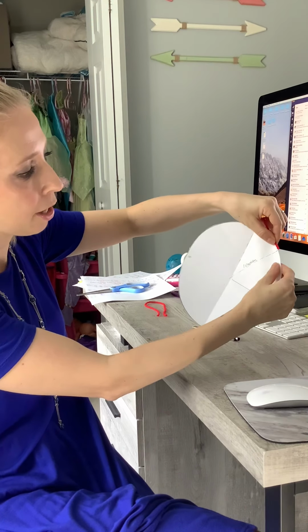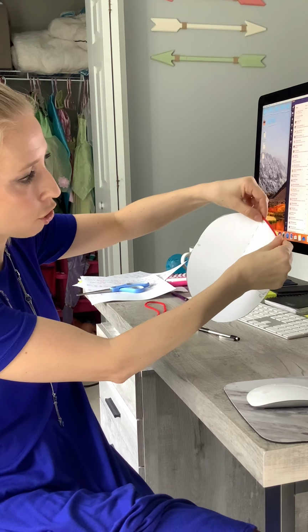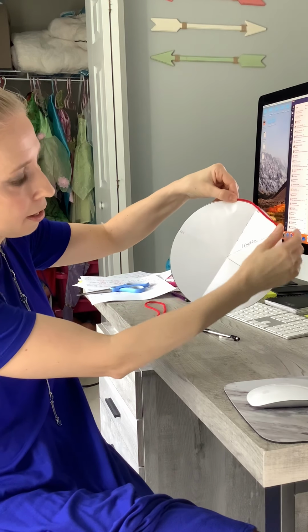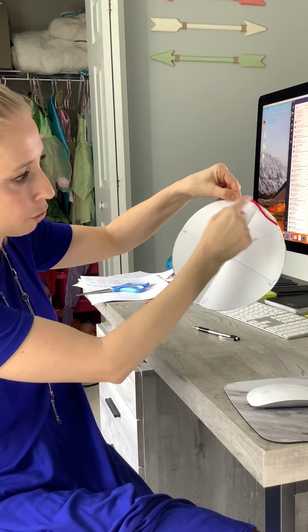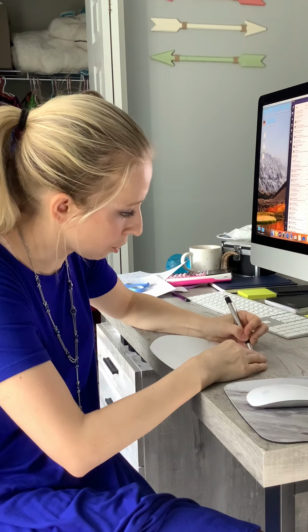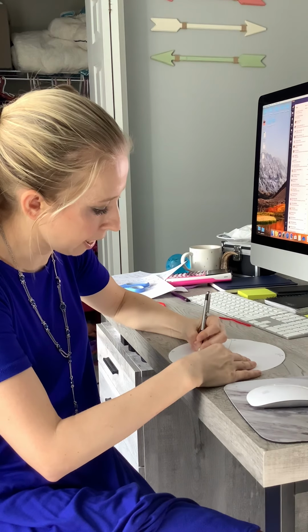So then I'm going to take my yarn where I left off and go all the way around again. So that is another radian. So that's a total of 2 radians. So again, I'm going to sketch that in there. So that's 2 radians.